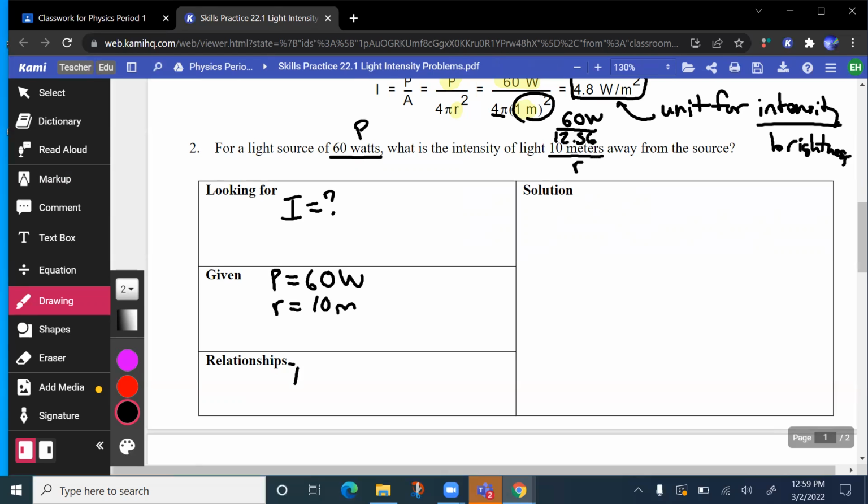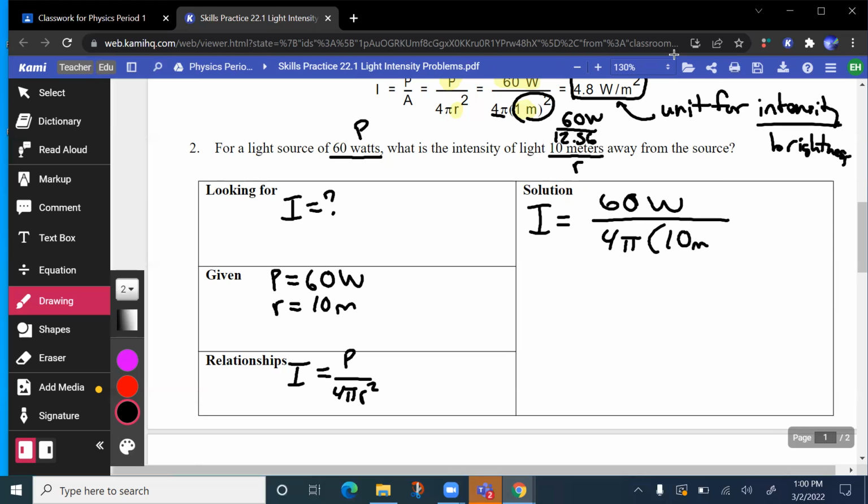The equation we're looking for is I is equal to power over 4 pi r squared, power over area. Plug into that equation. 60 watts goes on top. 4 pi times 10 meters squared goes on the bottom.